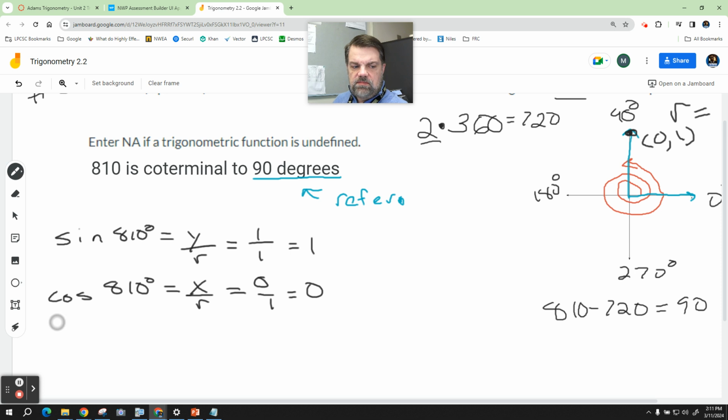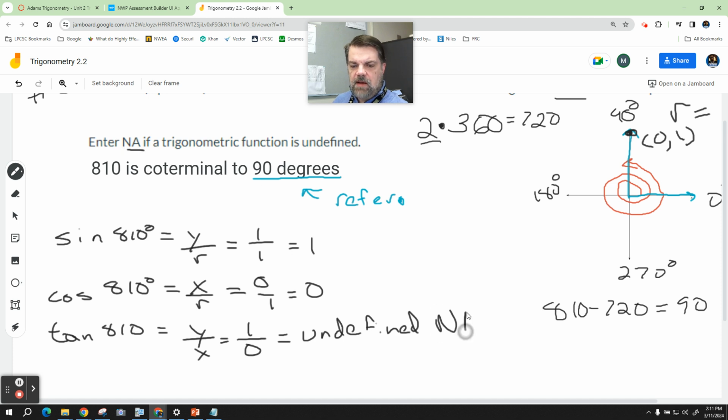Tangent of 810 degrees is equal to y over x, which is 1 over 0, which is undefined, and it gives you very specific instructions how to enter that into the computer. You're supposed to type NA, not applicable.